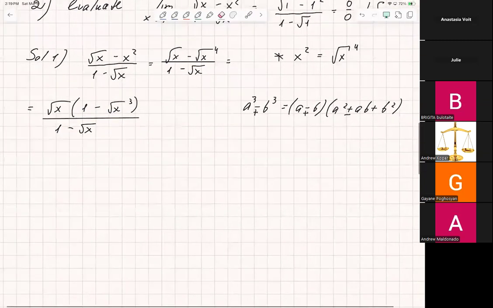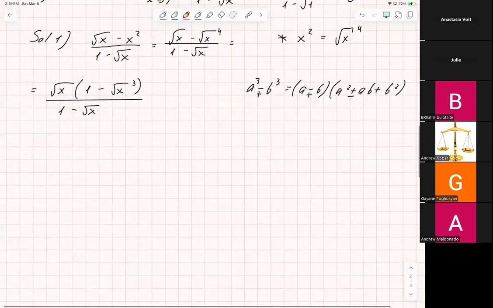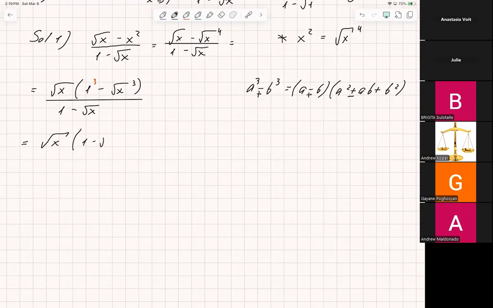Okay, so we will use that because 1 is the same thing as 1 cubed, right? So we can write it as square root of x, 1 minus square root of x, and 1 squared plus 1 times square root of x plus square root of x squared, right? Divided by 1 minus square root of x.